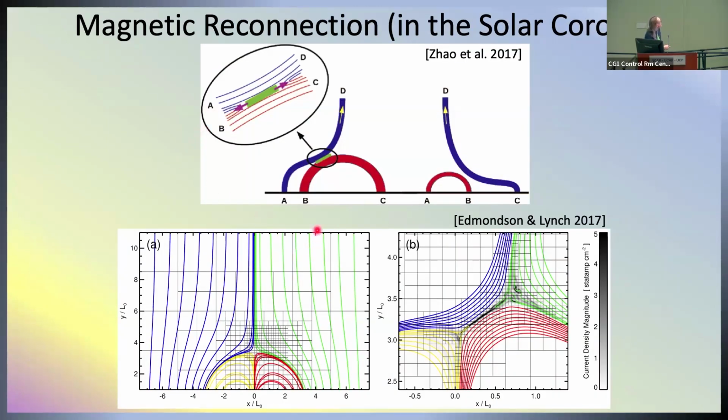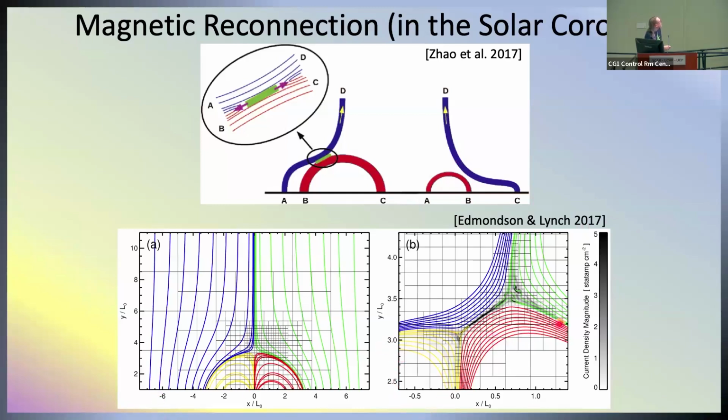And so this cartoon is basically: if you have an exchange of topology, you have a bunch of current built up on these boundaries, and you get reconnection, your magnetic field lines change their connectivity, and you can jump open field around. And so what does that look like in real life?